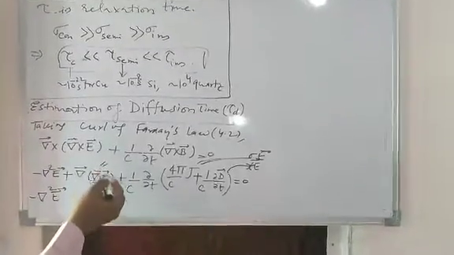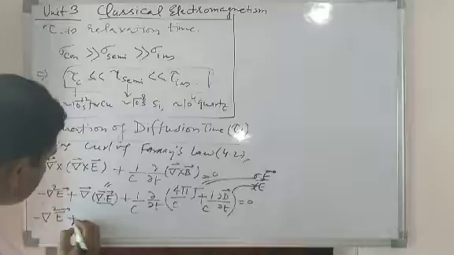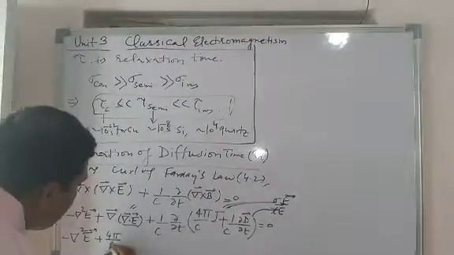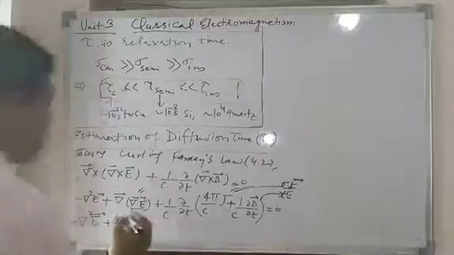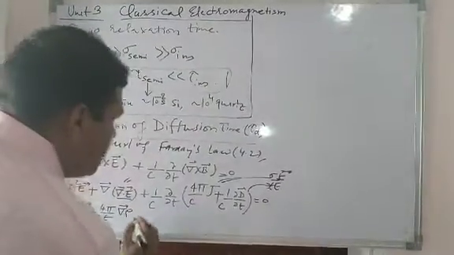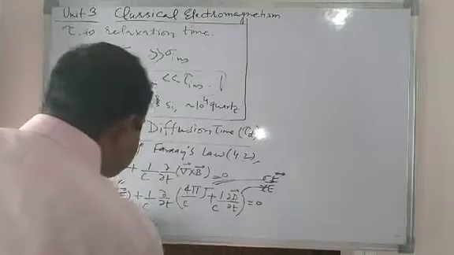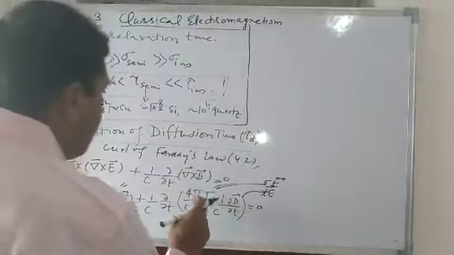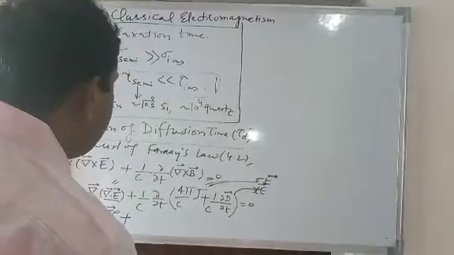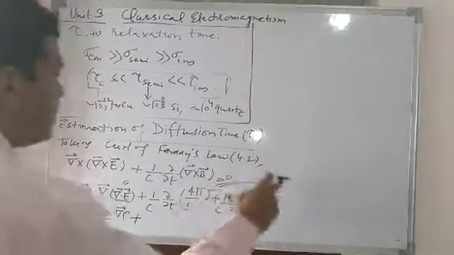That's going to be 4 pi rho upon epsilon. So this is going to be 4 pi upon epsilon gradient of rho, plus we will have 1 over C del by del T of 4 pi by C J, which is sigma E.